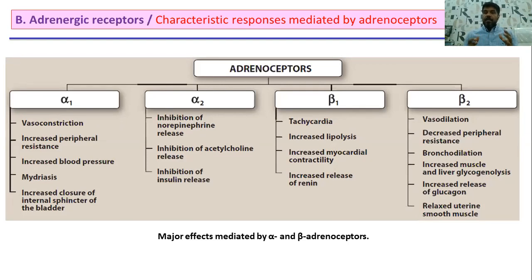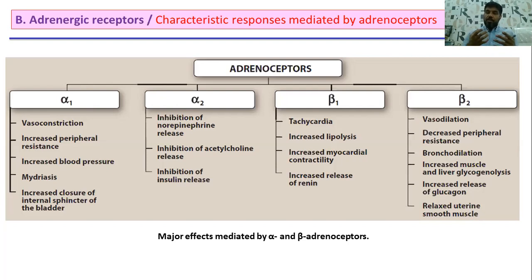So with binding of a specific agonist, now I can expect the effect of the agonist or antagonist when it binds to these receptors. Say, for example, alpha 1 receptor is available mainly on vascular smooth muscle, and binding of a particular agonist to this receptor can cause vasoconstriction.